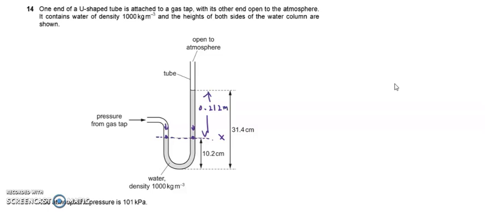After you subtract the centimeters, we convert it to meters. And this is the pressure due to the atmosphere. So the pressure of gas on the left side must be equal to the pressure of the atmosphere plus the pressure of the column. We can use rho g times h. Right, so you can work out to get the answer to be 103 kilopascal.